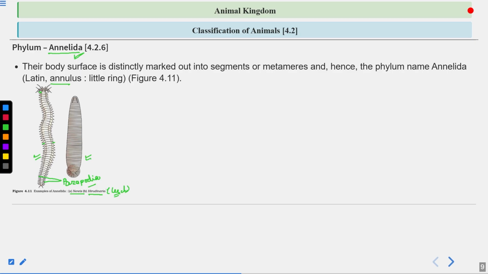Aschelminthes, Platyhelminthes: no coelom, acoelomate; Aschelminthes: pseudocoelom, false coelom; and your Annelida: true coelom. And among all these three worm-like phyla, Annelida is the most advanced one. This is the advanced one.